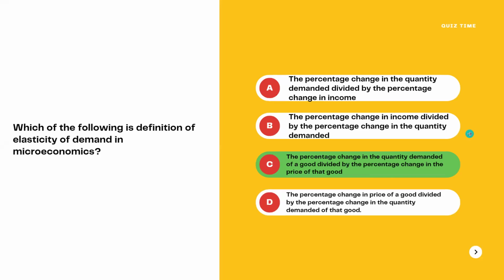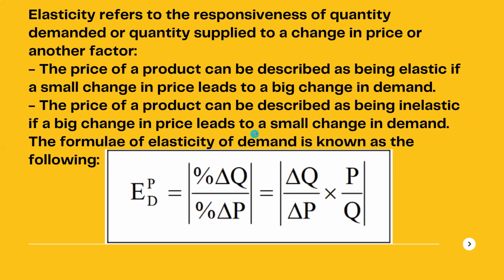To explain this, I would like to show you a formula here. Elasticity, noted as letter E, equals percentage change of quantity divided by percentage change of price. This triangle stands for the Greek letter delta, or difference.